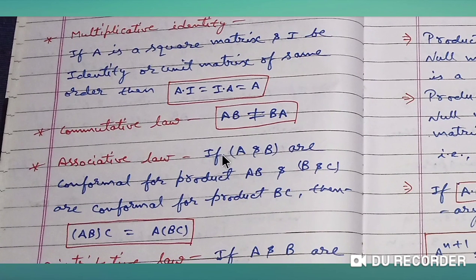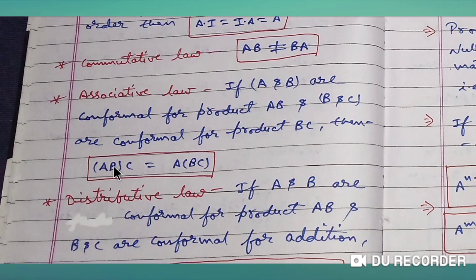In this case, AB will not be equal to BA. So the commutative law doesn't hold for multiplication of matrices. Now for the associative law, A, B, C are three given matrices, and we can apply brackets in whichever way we like.